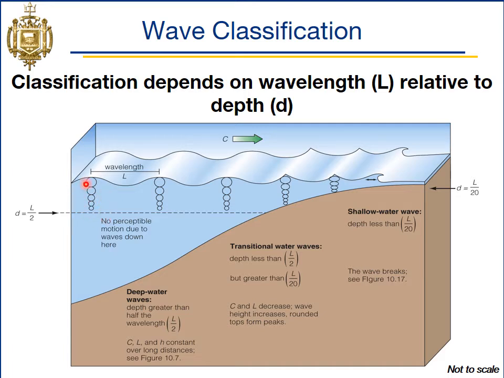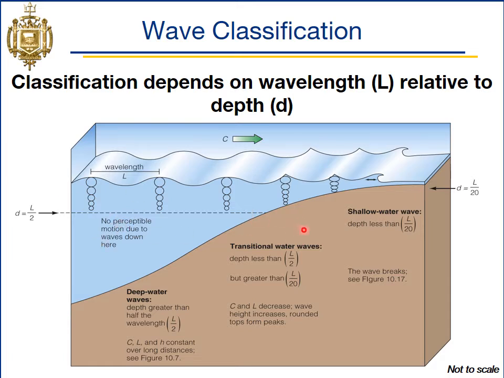But what you see, and you all know this from experience, is that the wave action decays the deeper you go under the surface. So as I dive under the water, I feel less wave action, which means the particles are moving less, and at a certain point, once the depth is about half the wavelength, that particle motion becomes imperceptible. You can't feel it anymore. So any depth greater than that we consider to be beyond the reach of the waves. In other words, the waves won't even feel the effects of the bottom at all. So we call that deep water.